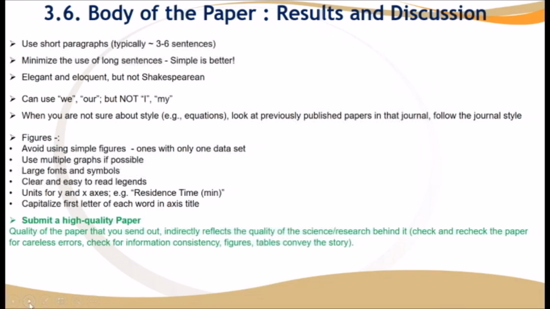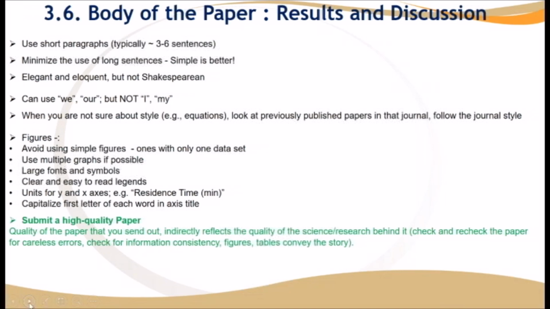And when you are not sure about what style to use, in terms of the equations or in terms of how to put figures and tables, you can look at the journal. When we get to choosing the journal, we will see that every single journal that you submit to has its own style. Before you submit, it has a guide for authors tab.